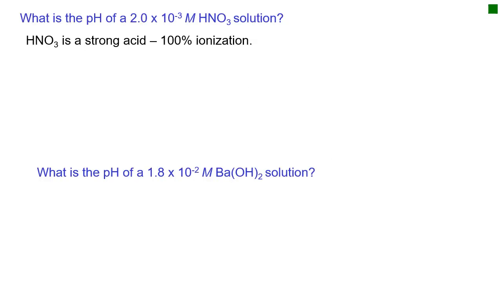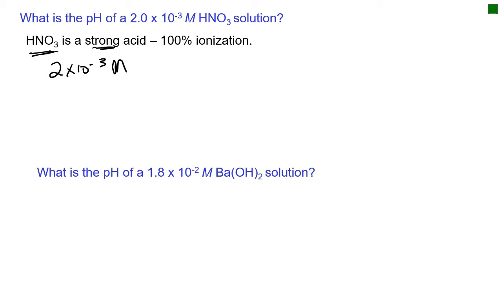So we're going to start out here with a solution of 2 times 10 to the minus 3 molar of nitric acid. We know nitric acid is a strong acid. We've committed those to memory. We know that that means that when we put it in water, it's going to ionize 100% into H+ and NO3-.